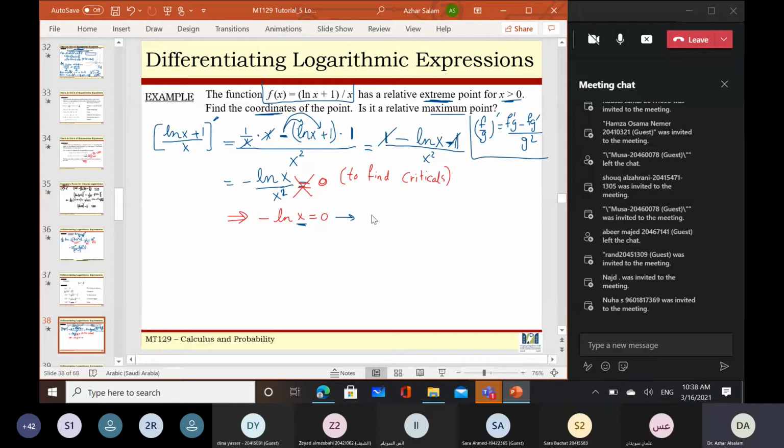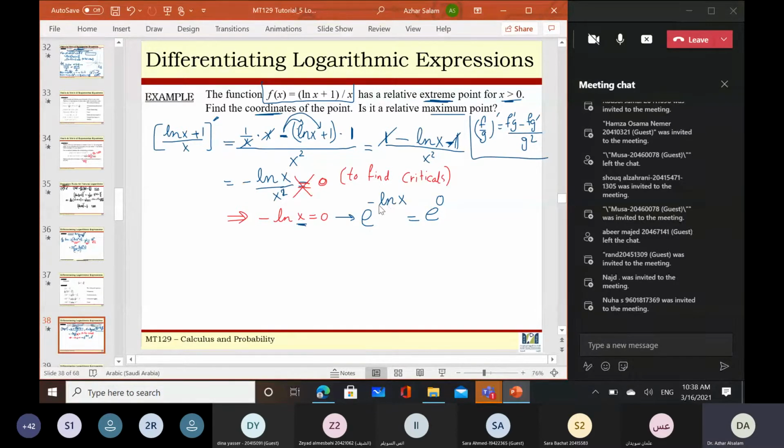We said in the previous lecture that if I want to delete ln or e, I use the inverse function. So here to omit ln, I will use e to the power minus ln x equals e to the power 0. How do I get rid of the ln to get x alone? Of course I don't divide by the word ln. To get rid of this ln, I raise both sides as an exponent of e this way.